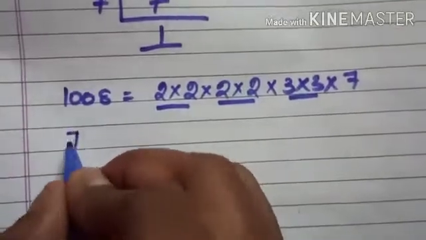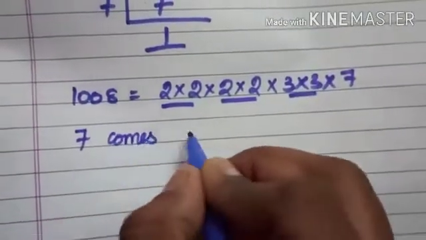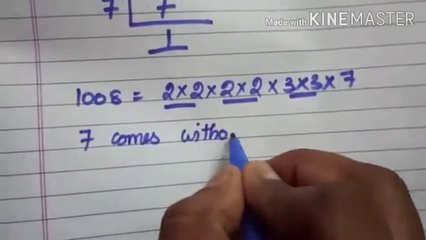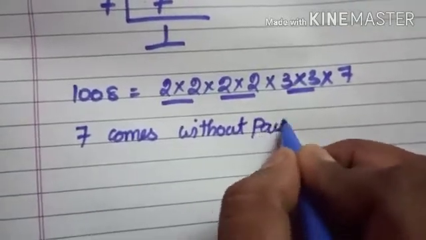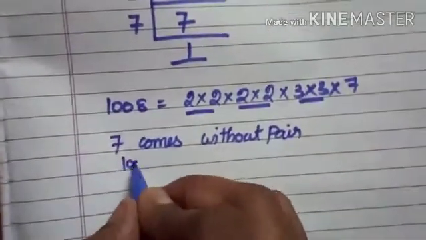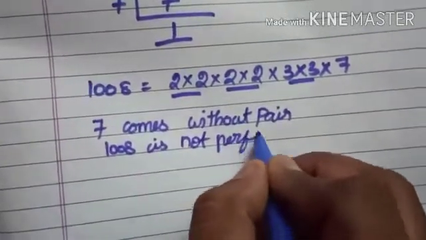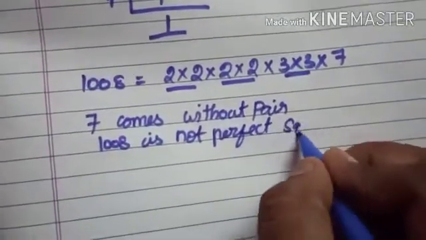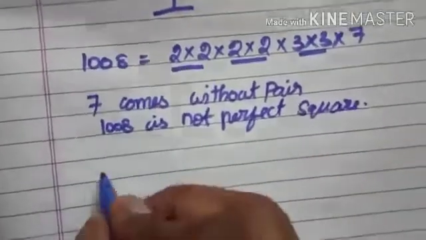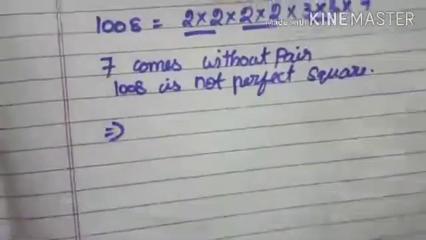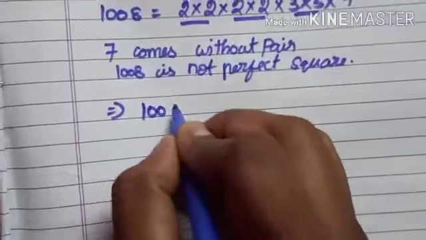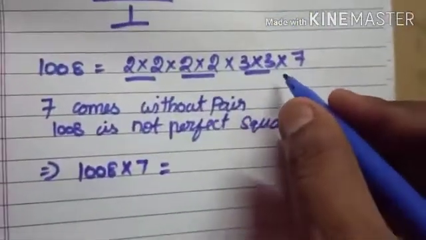So 1008 is not a perfect square, which implies that 1008 should be multiplied by 7, and this factorization is also multiplied by 7.